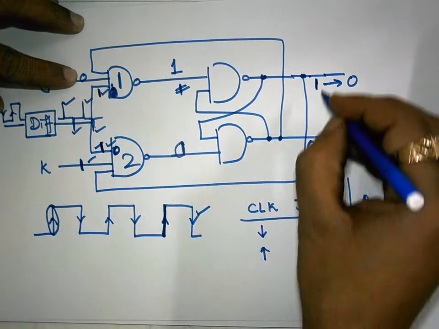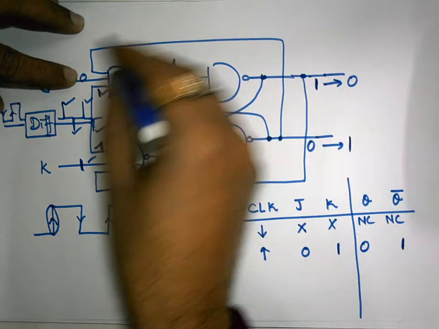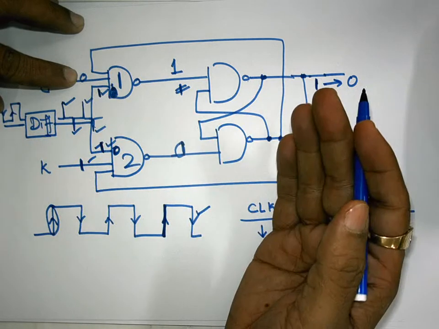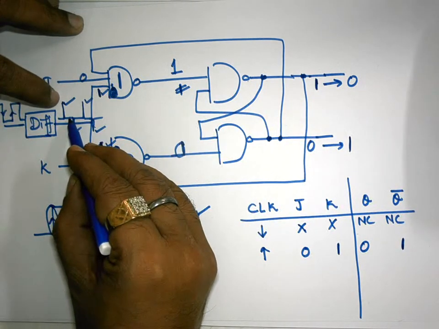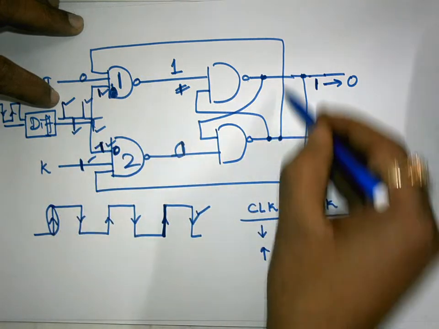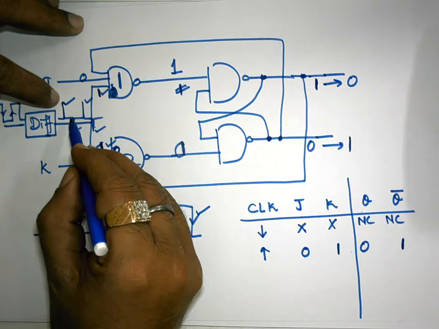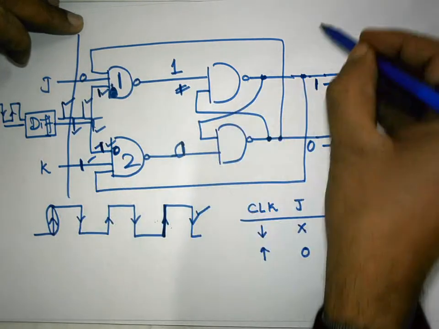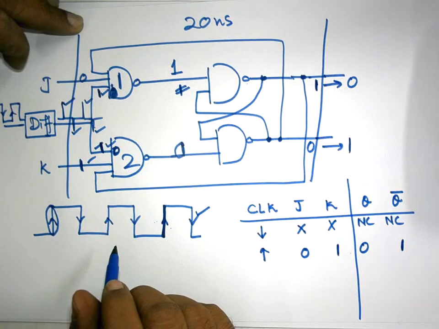Now suppose this 0 and 1 is further feeding back towards the input. Now this clock has died. As and when it comes back to the input, this clock has died because its duration was very short. Suppose the typical propagation delay time is say 20 nanosecond.